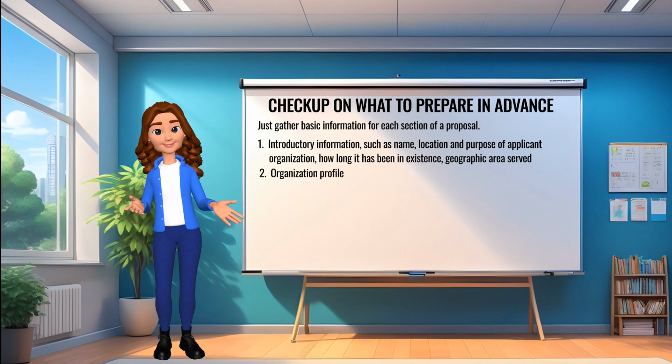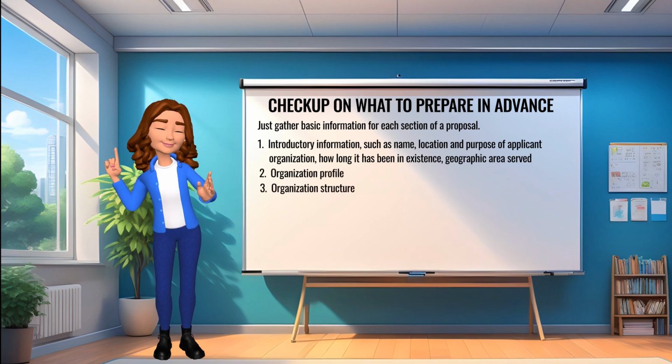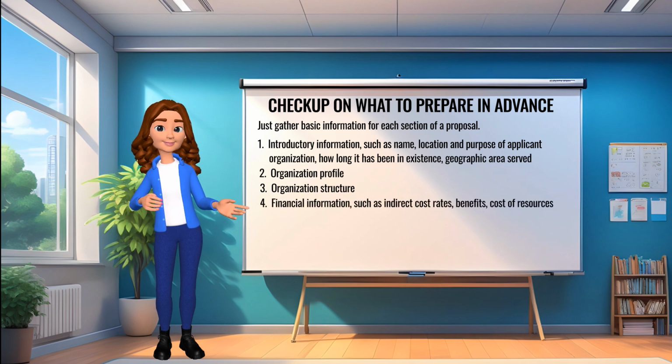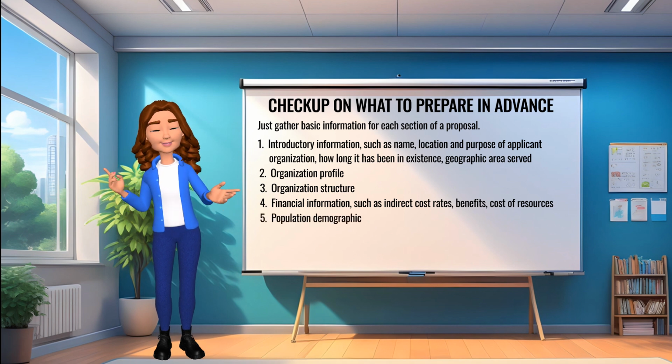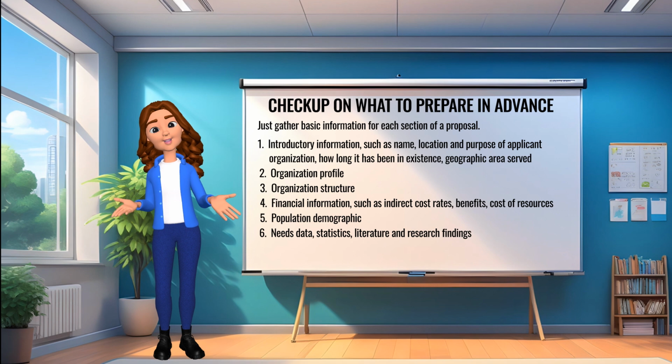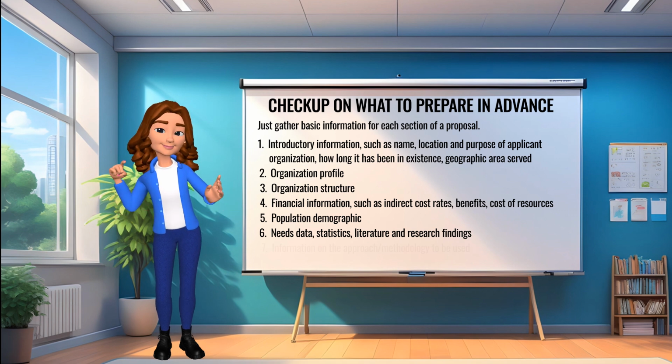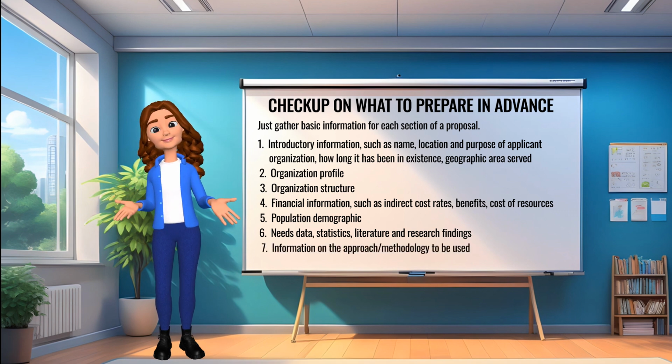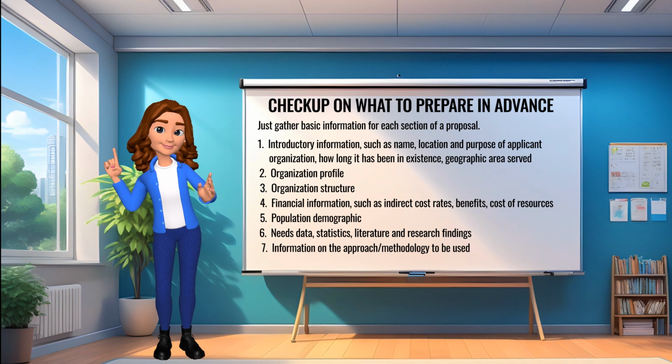Organization profile. Organization structure. Financial information such as indirect cost rates, benefits, cost of resources. Population demographic. Needs data, statistics, literature, and research findings. Information on the approach methodology to be used.